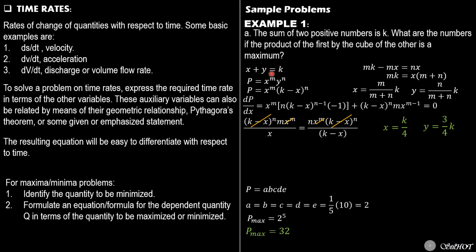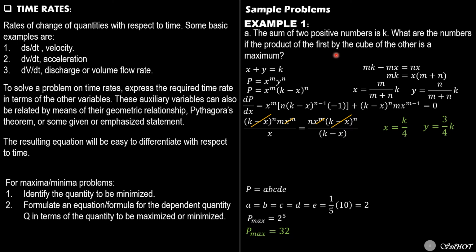Just explain it. So given, let us denote the two numbers as x and y. So x plus y equals k, and we are targeting the maximum product of the first by the cube of the second, but let us generalize by making the exponent of the first as m.